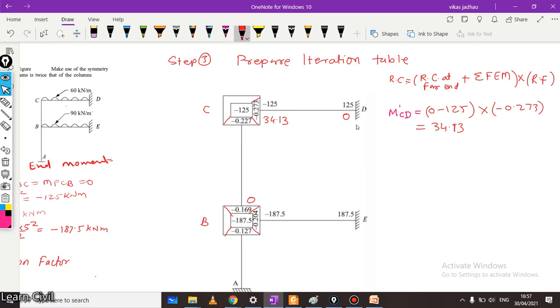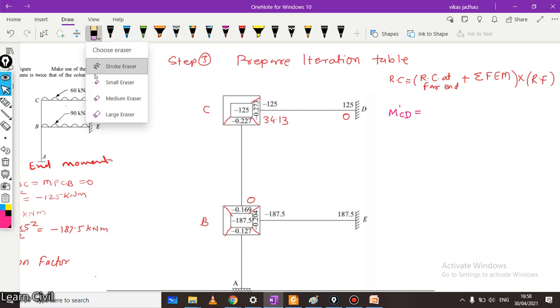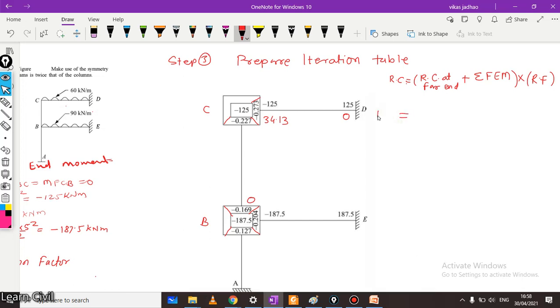Next we will find out the rotation contribution for CB. Rotation contribution at CB, that is M dash CB, is equal to rotation contribution at far end. Here we have 0, here we have 0, therefore this will be 0 plus summation of fixed end moment at joint C, which is minus 125.